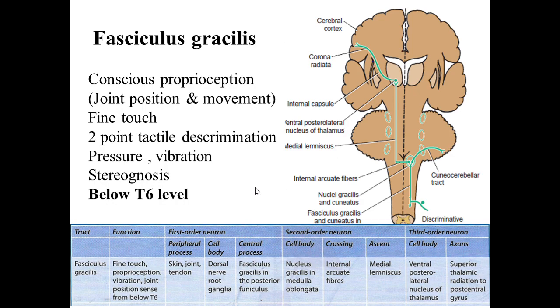The peripheral processes arise from skin, joint and tendon. Then the fibers enter into the dorsal root ganglia. From dorsal root ganglia, the axons of these neurons enter into the fasciculus gracilis, which is situated on the posterior funiculus.